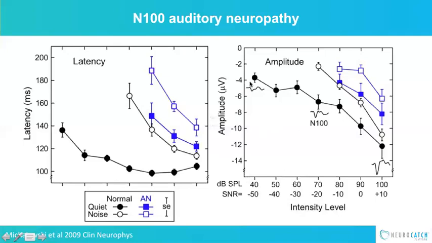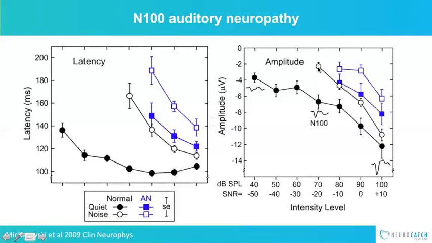Now on the right-hand side, amplitude, pretty much the same thing. As we increase the loudness of the tone, we get a larger N100, and there's a little figure showing you the response size. This is for your healthy individuals in a quiet environment. When we add noise, we can still return to an ideal amplitude size, but noise does make that worse and reduces the amplitude.